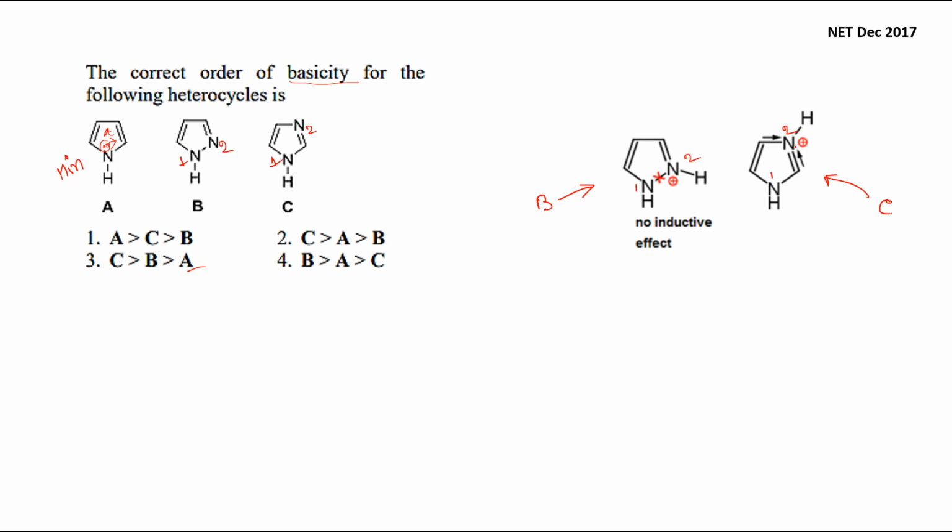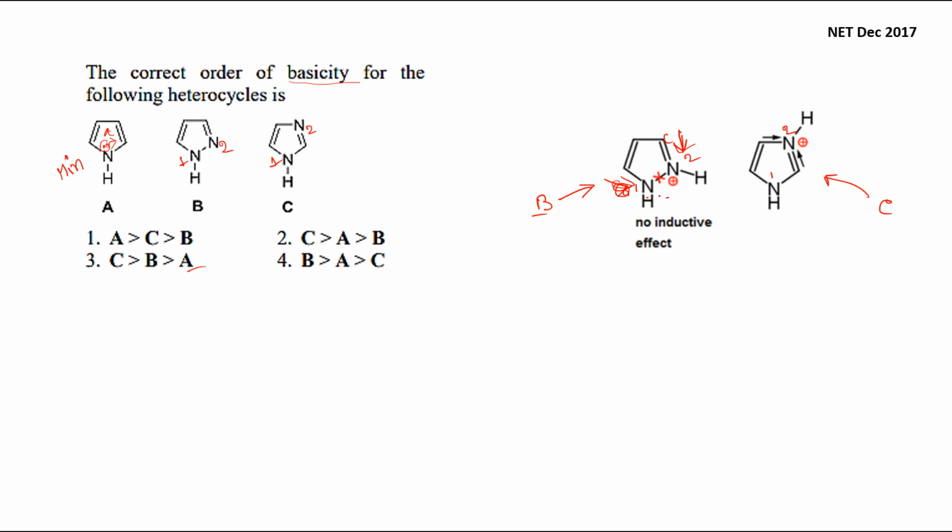Why? Because if you protonate number 1 nitrogen, it will be NH2. In that case, delocalization is not possible. So only the nitrogen which is part of C and double bond, that nitrogen will be protonated. Now in this case, which we are getting from B, there is no inductive effect we can get from these 2 sides. Sorry, not this side, I am talking about this side, it is possible because here we have carbon.